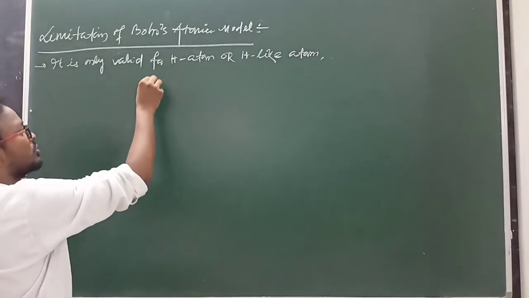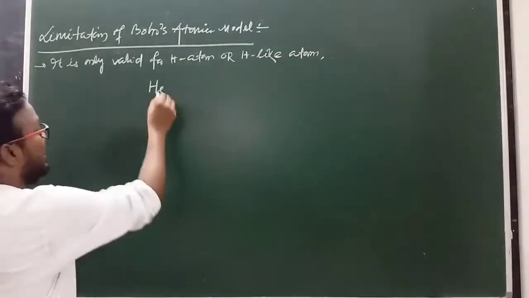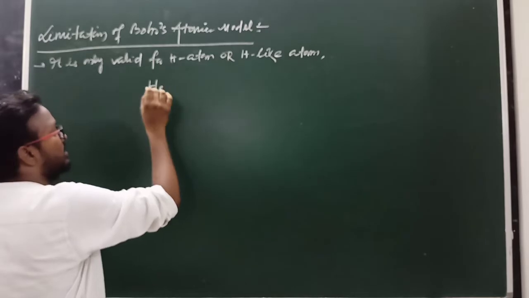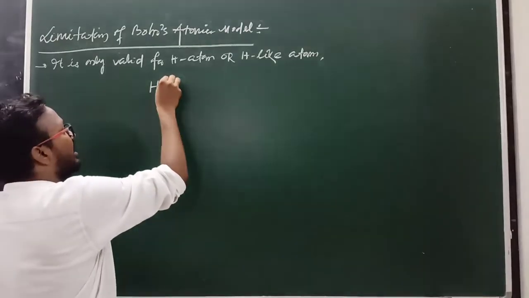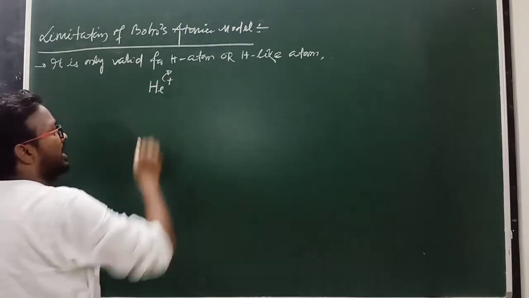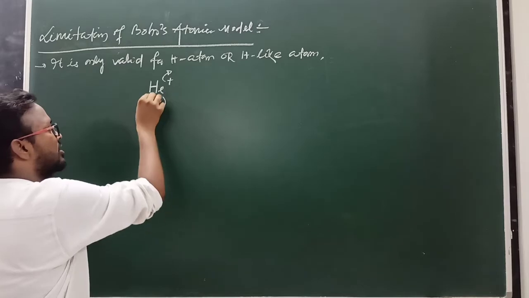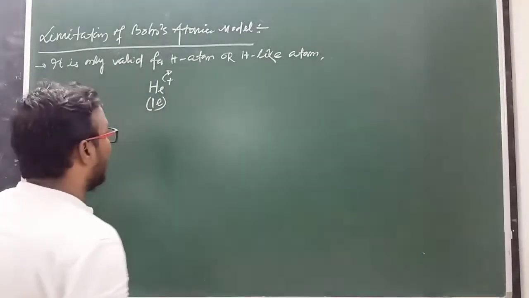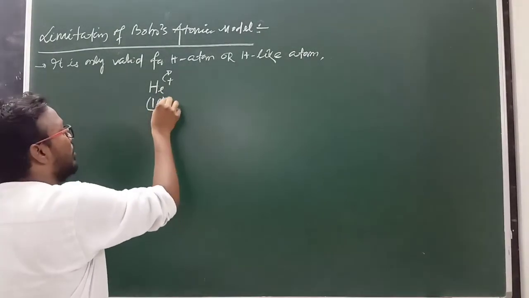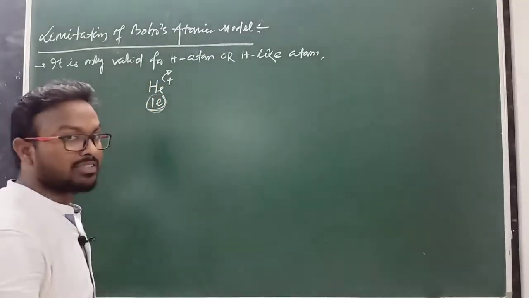Hydrogen-like atom means, suppose there is a helium atom with proton number, atomic number 2, and if we release 1 electron from the helium atom, then it gets a positive charge and it possesses only 1 electron. Clear? Then with this 1 electron atom, Bohr's atomic model is valid.